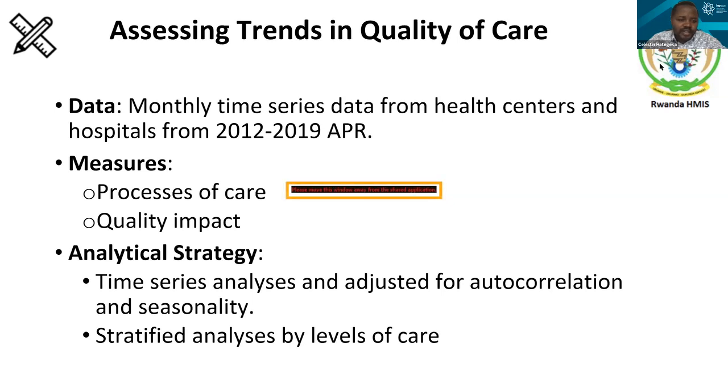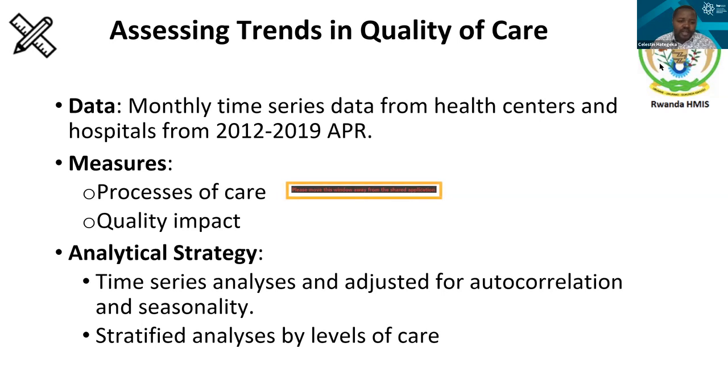We used time series analytical approaches to analyze the data as consecutive observations, which in the case of Rwanda HMIS are monthly aggregated data, and are likely to be correlated. So we adjusted for autocorrelation as appropriate, and also seasonality where it was significant.